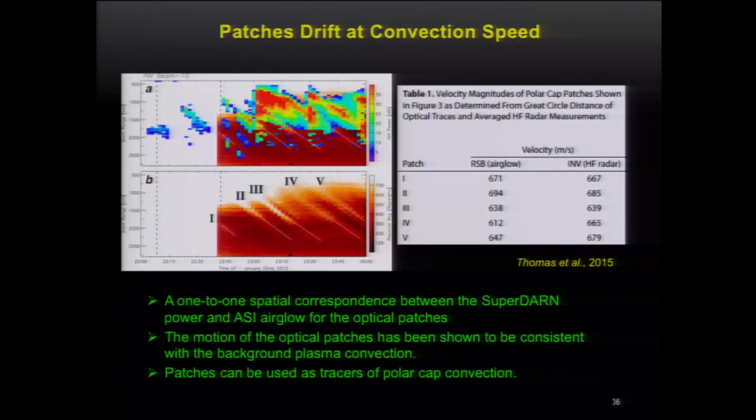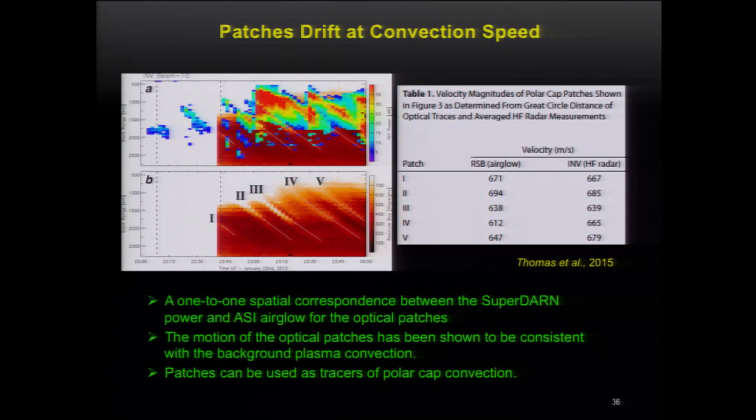Using the SuperDARN and the red line all-sky imagers, Thomas et al. in 2015 showed a one-to-one spatial correlation between the SuperDARN power and the all-sky imager airglow. And they calculated the convection speed based on the optical measurement and compared that with a radar measurement and found almost a one-to-one correlation.